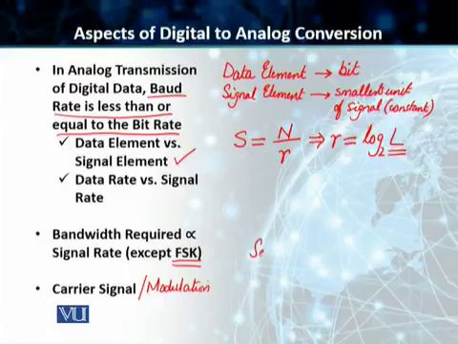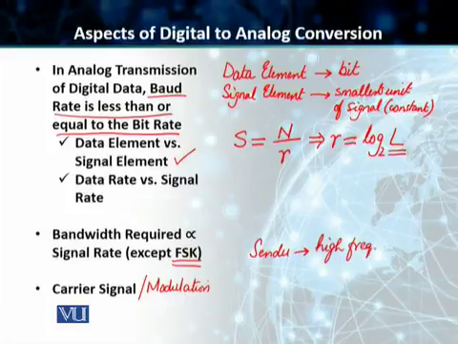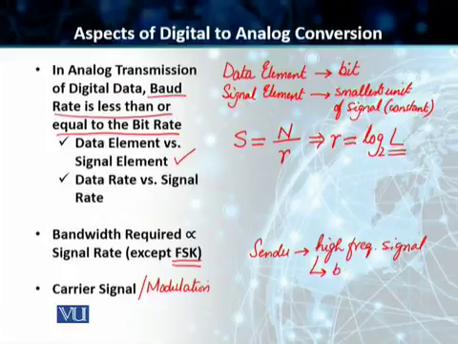So at the sender end, and this is important because we are going to be using it throughout our analog transmission discussion, the sender produces a high frequency signal, and this high frequency signal is the base of our information signal that we are sending.